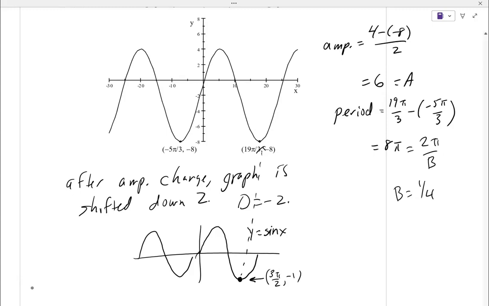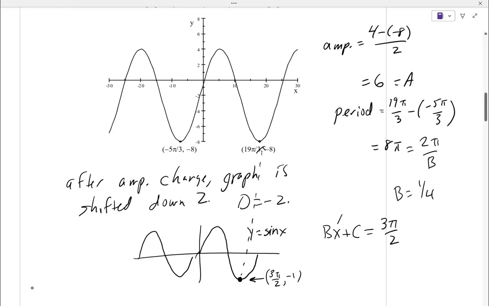We set it equal to 0 last time because that middle point should have been at 0, 0. This low point here should be at 3 pi over 2. Right? So what we'll do is we'll set this equal to 3 pi over 2.